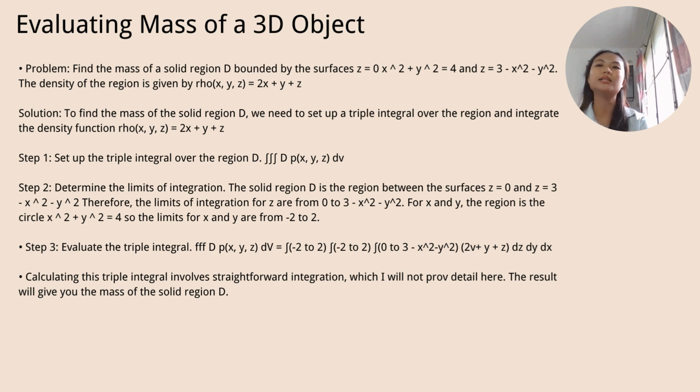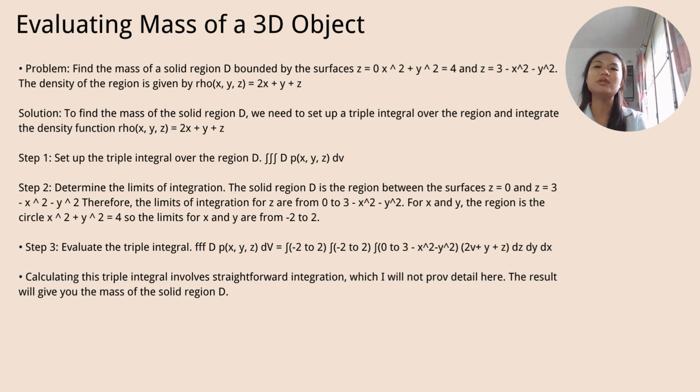At the last is evaluating the mass of a 3D object. The problem is to find the mass of the solid region D bounded by the surfaces given in this question. The density of the region is given there. The solution: to find the mass of the solid region D, we need to set up a triple integral over the region and integrate the density function.